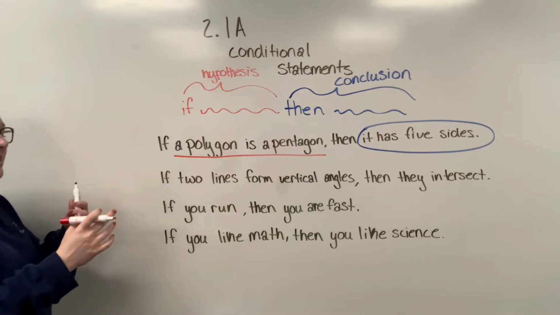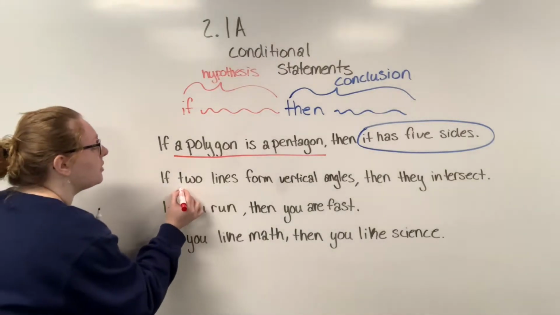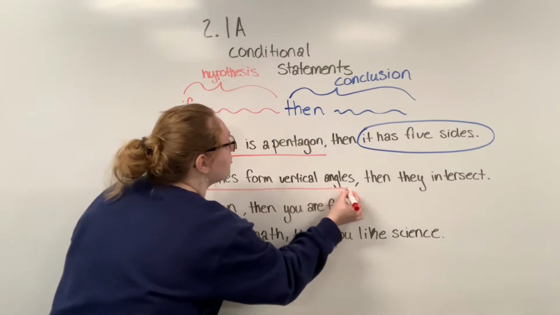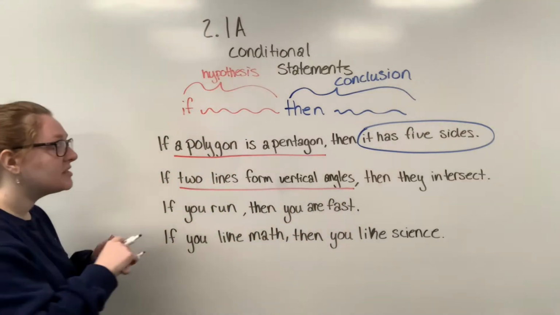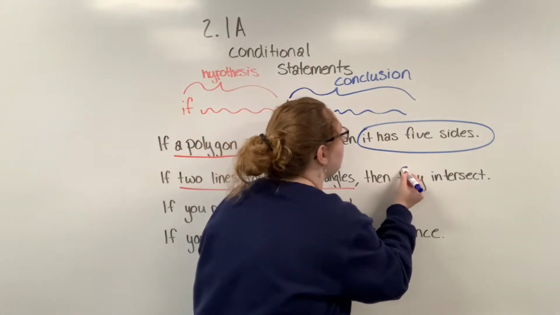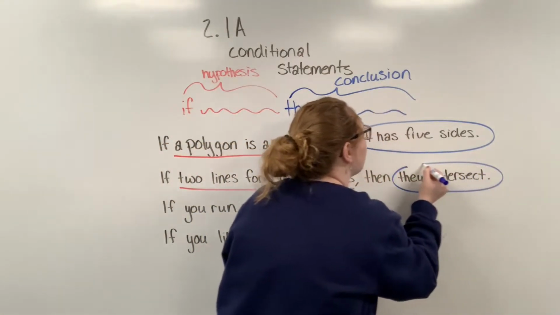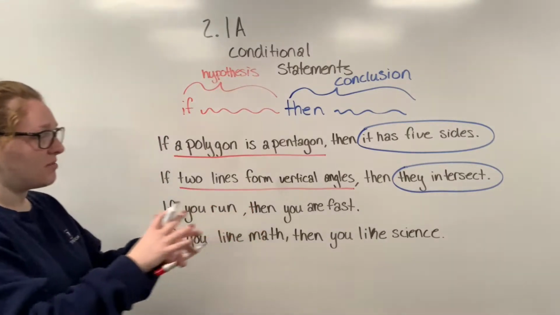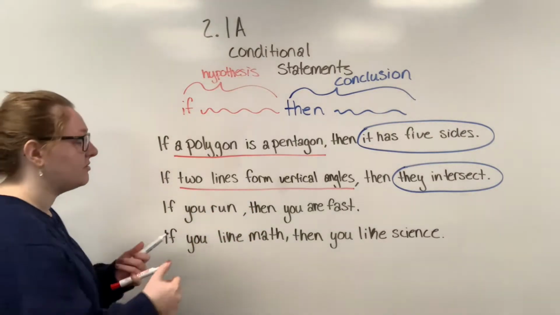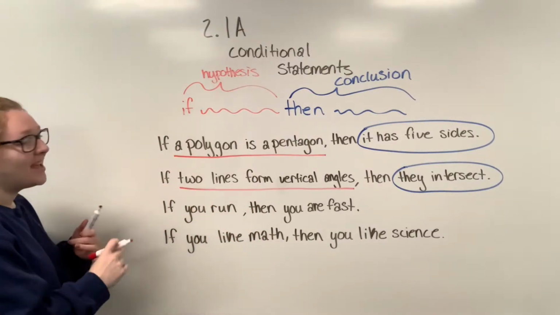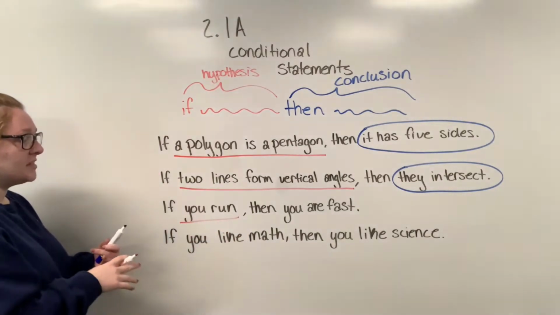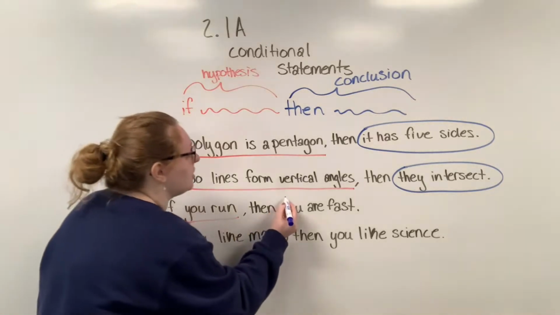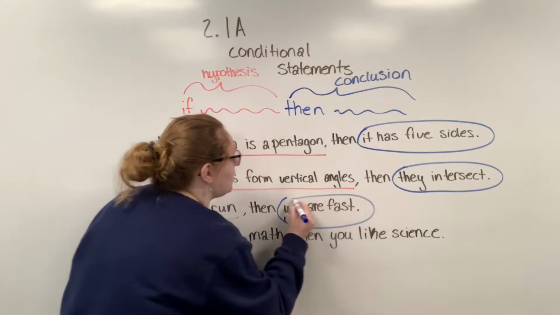Okay, the next one, if 2 lines form vertical angles, this is what comes after the if, so it is our hypothesis, then they intersect. That part came after the then, so that is our conclusion. Our next one, if you run, that is our hypothesis, then you are fast.